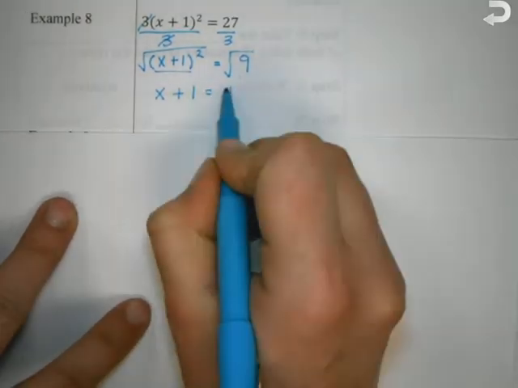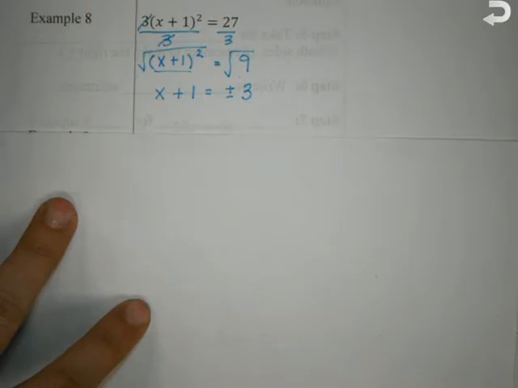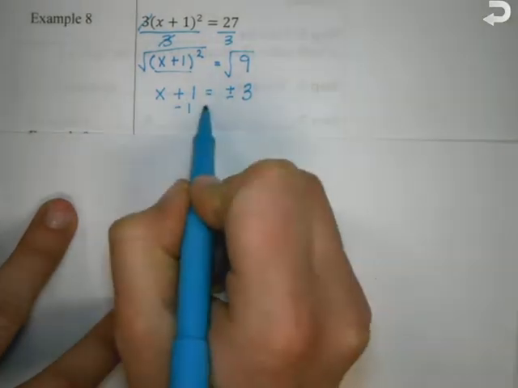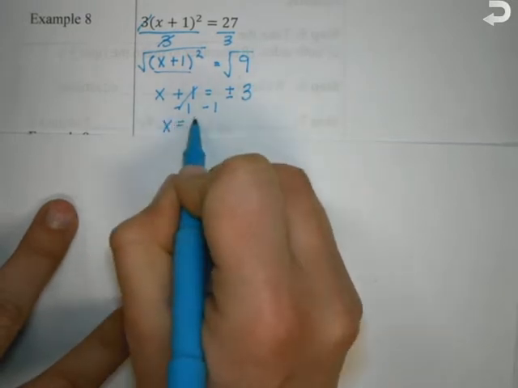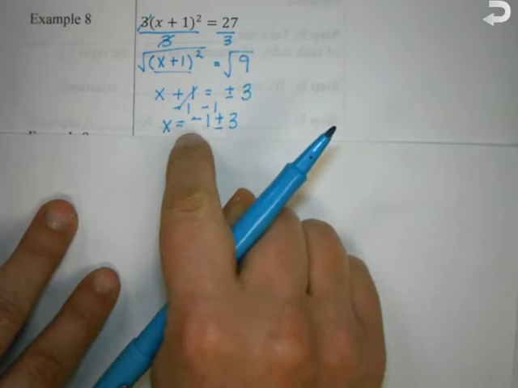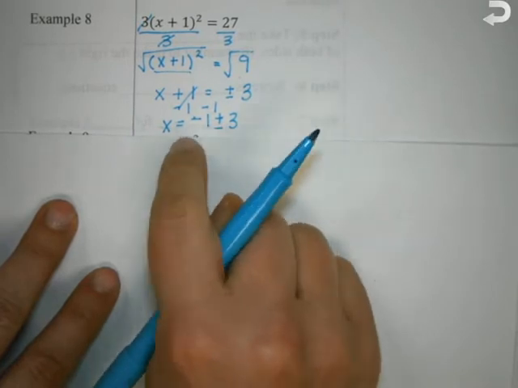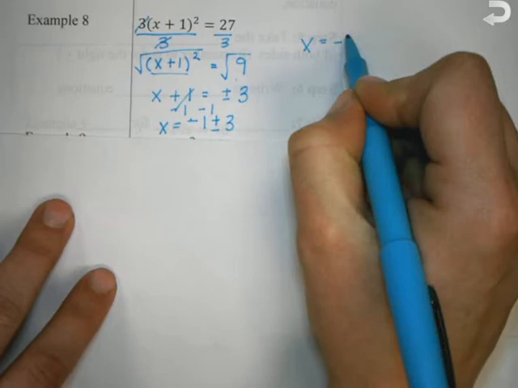And then we subtract 1. Now, should I write this as two equations? Can I combine these terms? Yes. They're both integers, right? Okay, so this is x equals negative 1 plus 3, and x equals negative 1 minus 3.